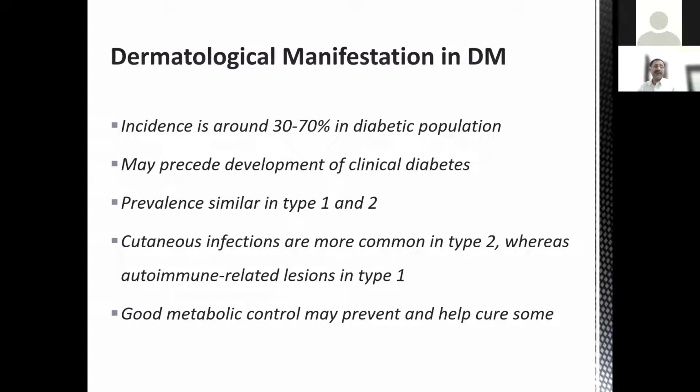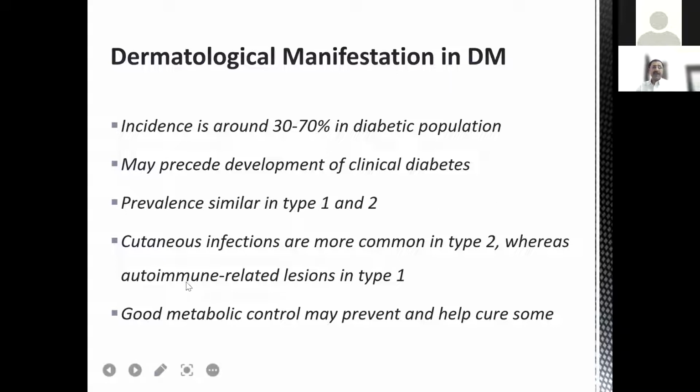In fact, sometimes we are able to diagnose a patient when they come to us with balanoposthitis, vulvovaginitis, boils or carbuncles or any other itching in the skin. So this is how they sometimes present first to the skin specialist and then they come to us. Skin manifestations of diabetes are very, very common, in both type 1 and type 2 diabetes.